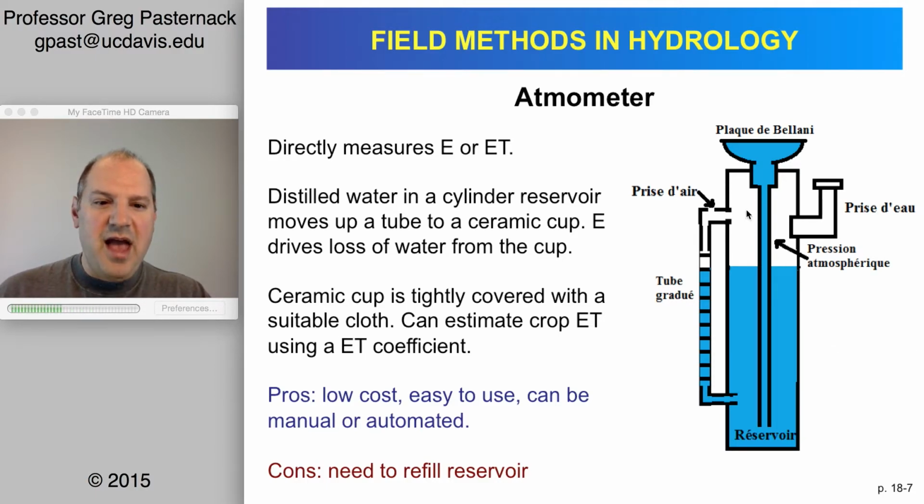So here we have a cylindrical reservoir, not unlike the one you'd have in a rain gauge, except it's already full, or it has a lot of water in it. Then there's a tube in the middle that goes to a ceramic disc, and a ceramic disc, if you think of a kitchen tile or something like that, it's highly porous.